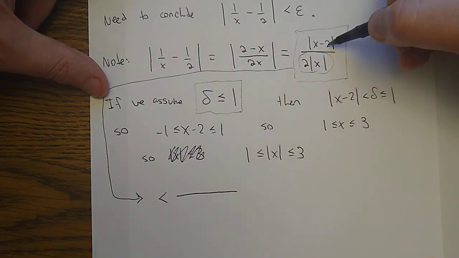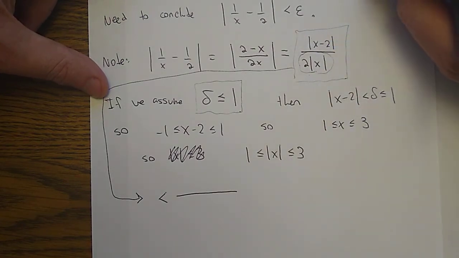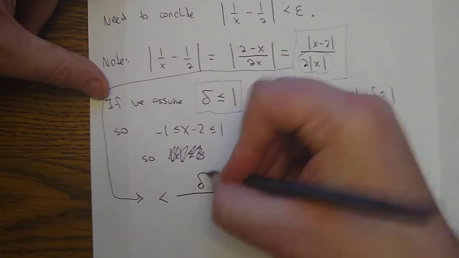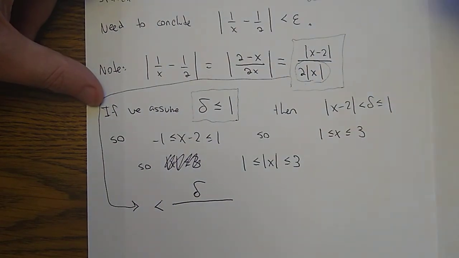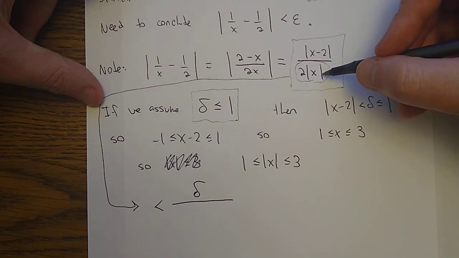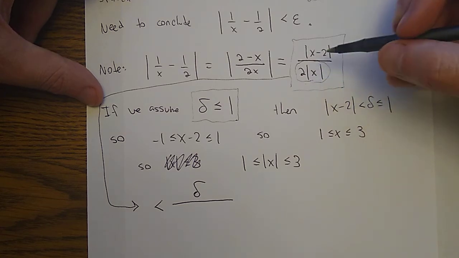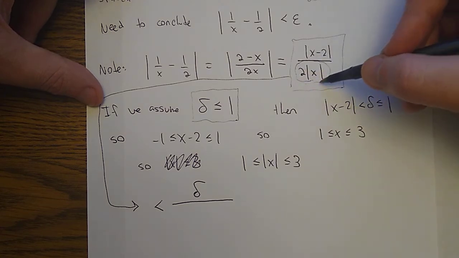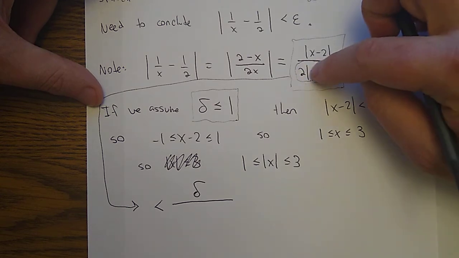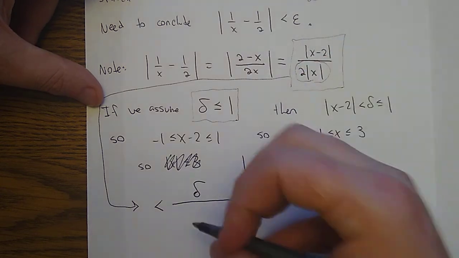The top is less than delta. The bottom, yeah, so when I replace the bottom of the fraction, I think I should put in the 1 here.